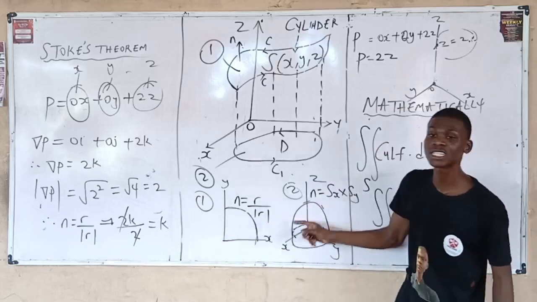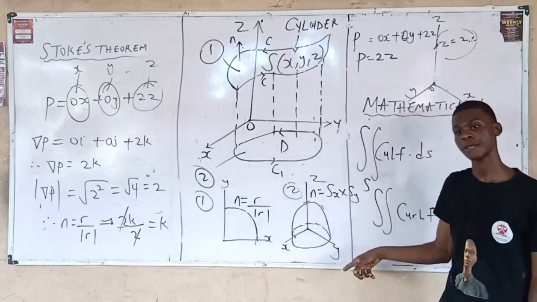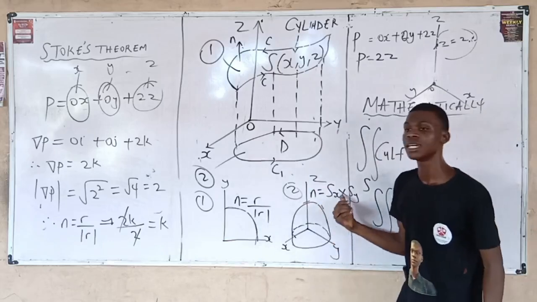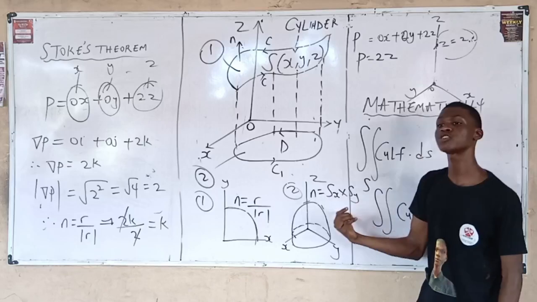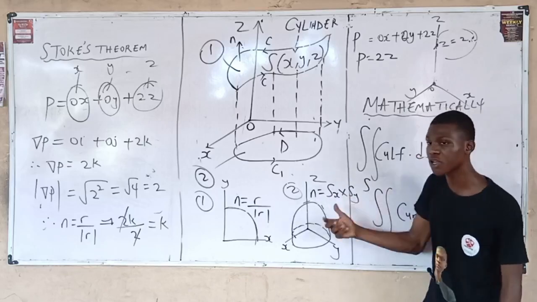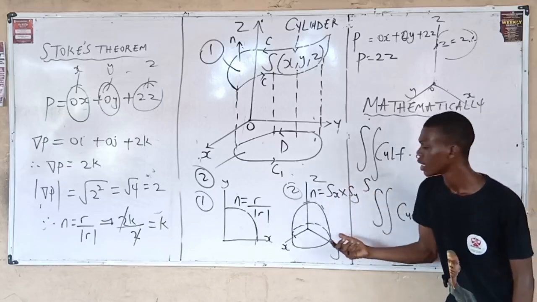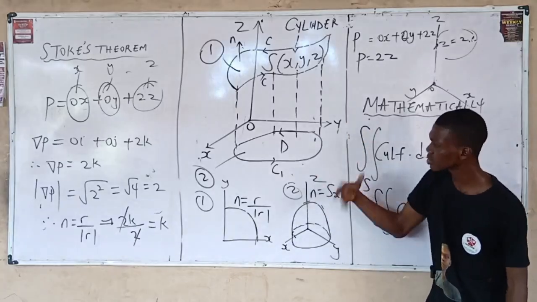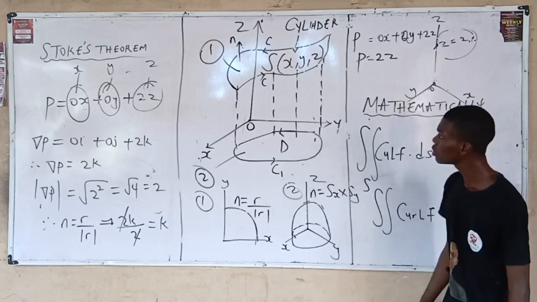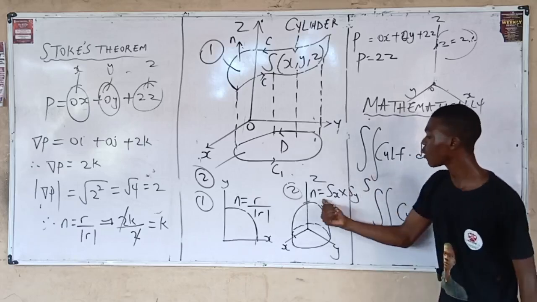But when my surface is curved, how do I get this n? Now, n means the surface with respect to x multiplied by the surface with respect to y. Let me start solving, you will see it, but let's just see the concept behind it first.